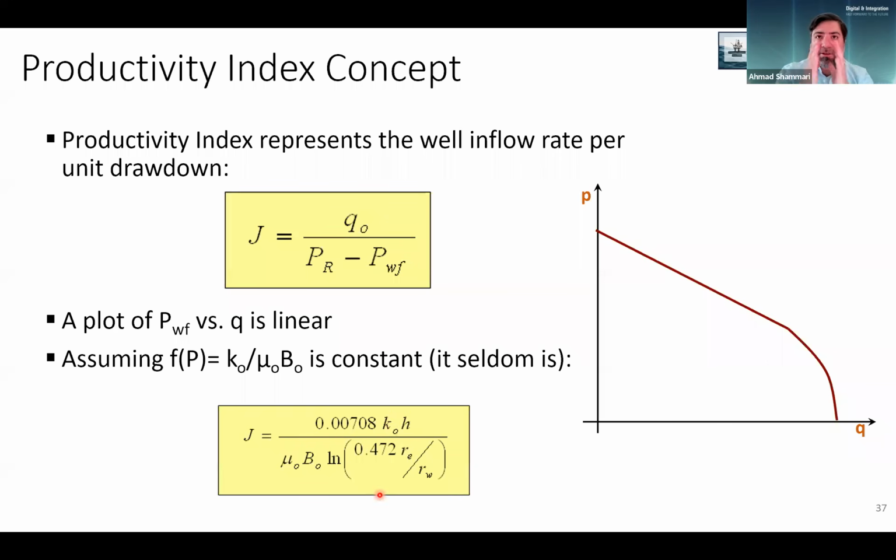And you know that it's a vertical completion, so using the PI, you can get h, for example. Because I can measure my PI, so I will equate this term with the PI value, and then I can calculate h, which is the height of the reservoir, or height of the completion, or sorry, the height of the drainage area, okay? So this is the PI.